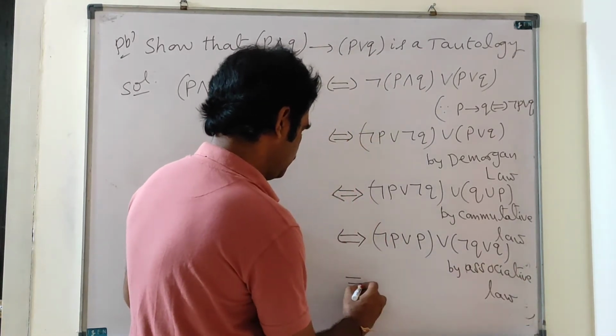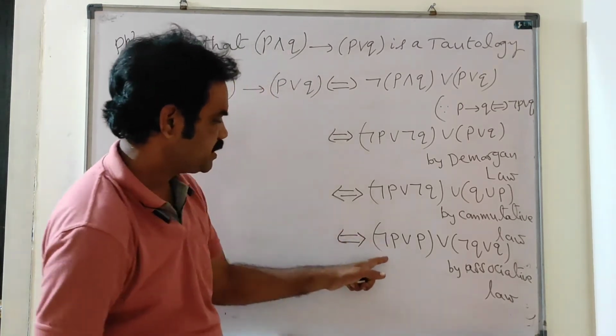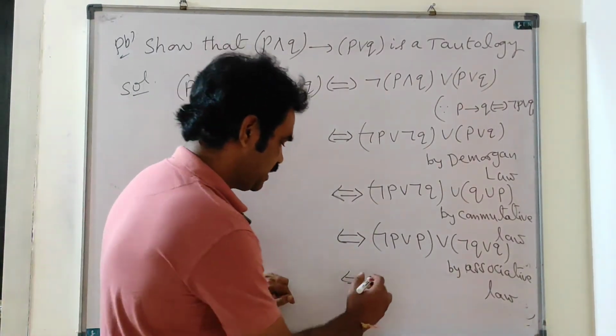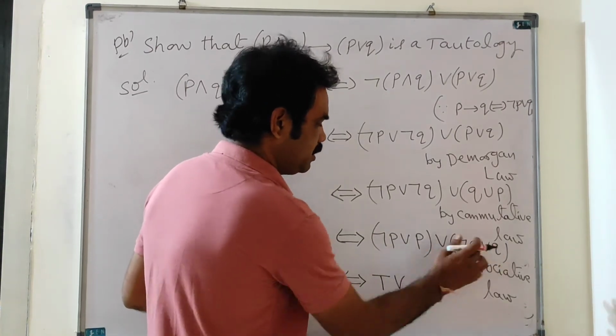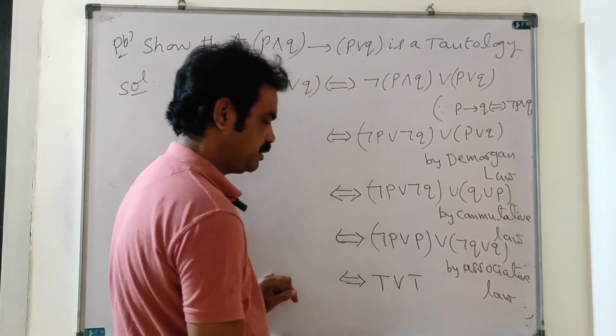Which is equivalent to negation P or P is equivalent to T, or negation Q or Q is equivalent to T, by negation laws.